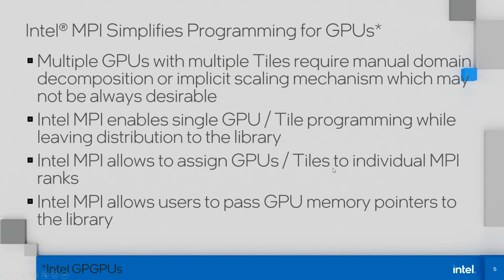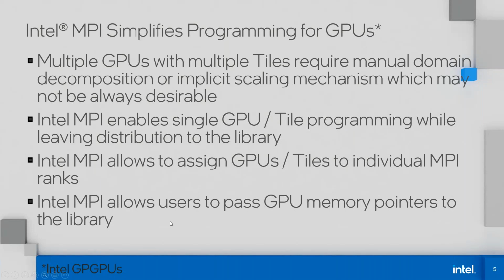It means that on different GPU systems, Intel MPI can help you to run one tile per rank, and you need to run as many ranks as tiles you have on the machine, and your application will use all available resources.